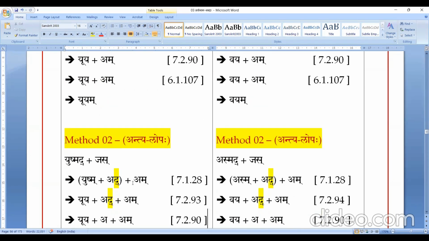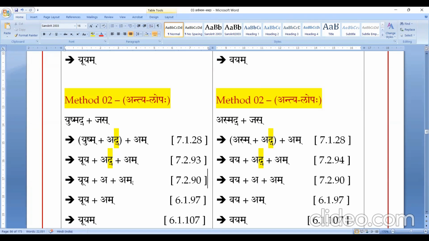This is Ti lopah, Ante lopah. Jasi Pratyaya Pare, Jas will be replaced by Nge Pratamayoram. Then Ma Paryantasya Yushmad shabdasya sthane Yuya Adesha, the Yuya Vayo Jasi. Similarly, Ma Paryantasya Asmad shabdasya sthane Vaya Adesha.